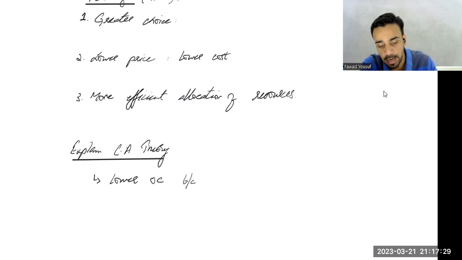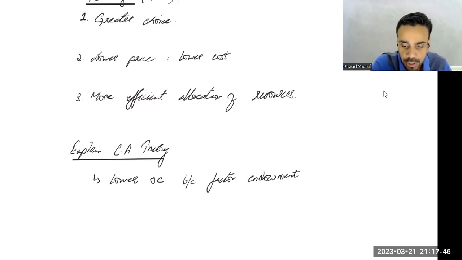And the reason for comparative advantage could be, number one, it could be something simple as the factor endowment. The factor endowment is simply certain resources that they have.